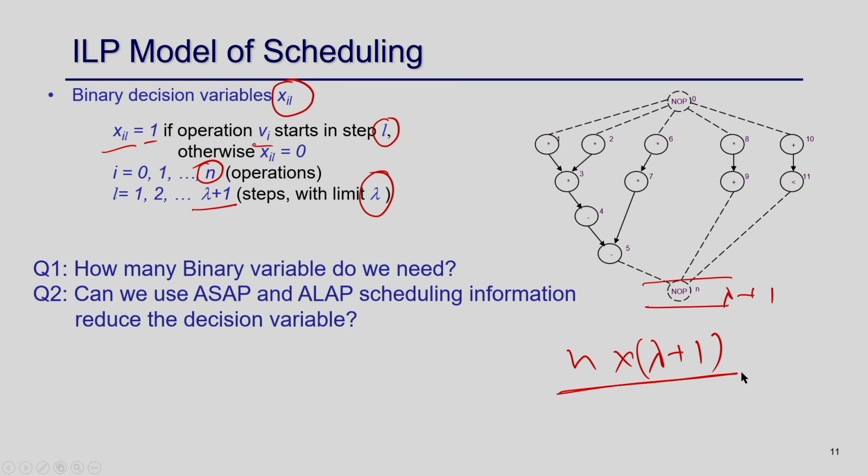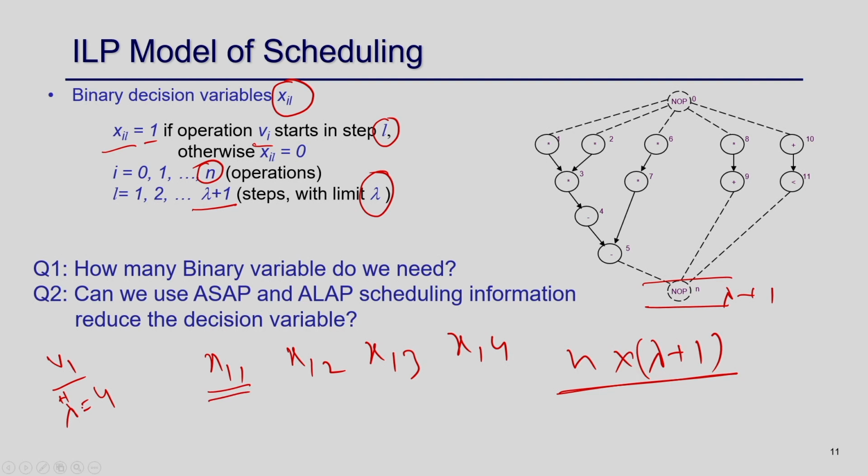For example, for operation v1, how many variables are there? Suppose my lambda equals 4. Then the variables are x11, x12, x13 and x14. What does it mean? If operation v1 is scheduled in timestamp 1, then x11 is true.